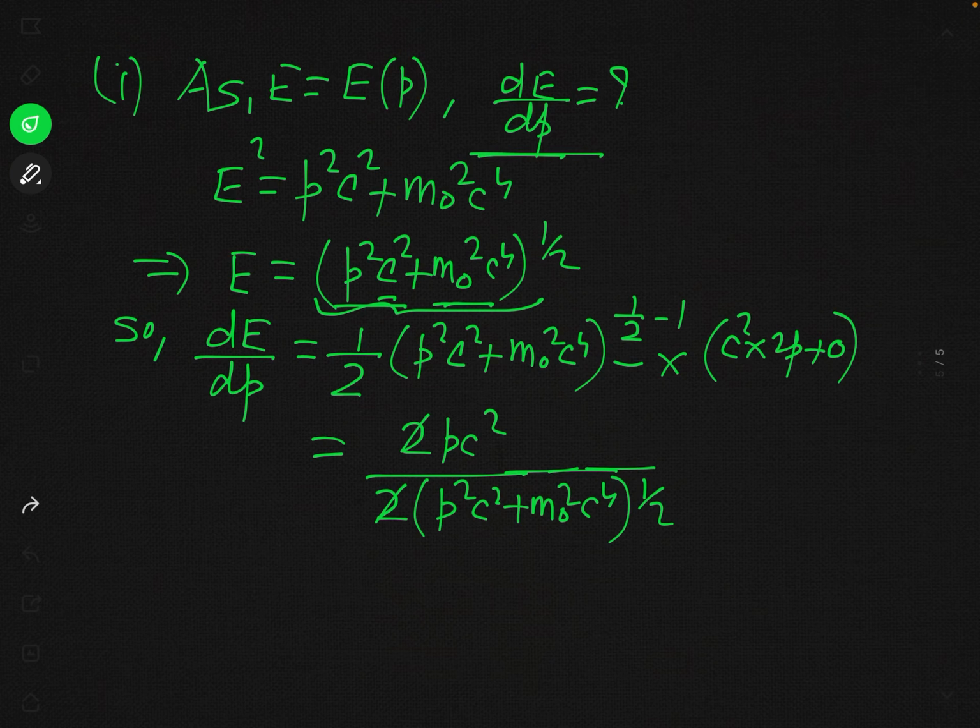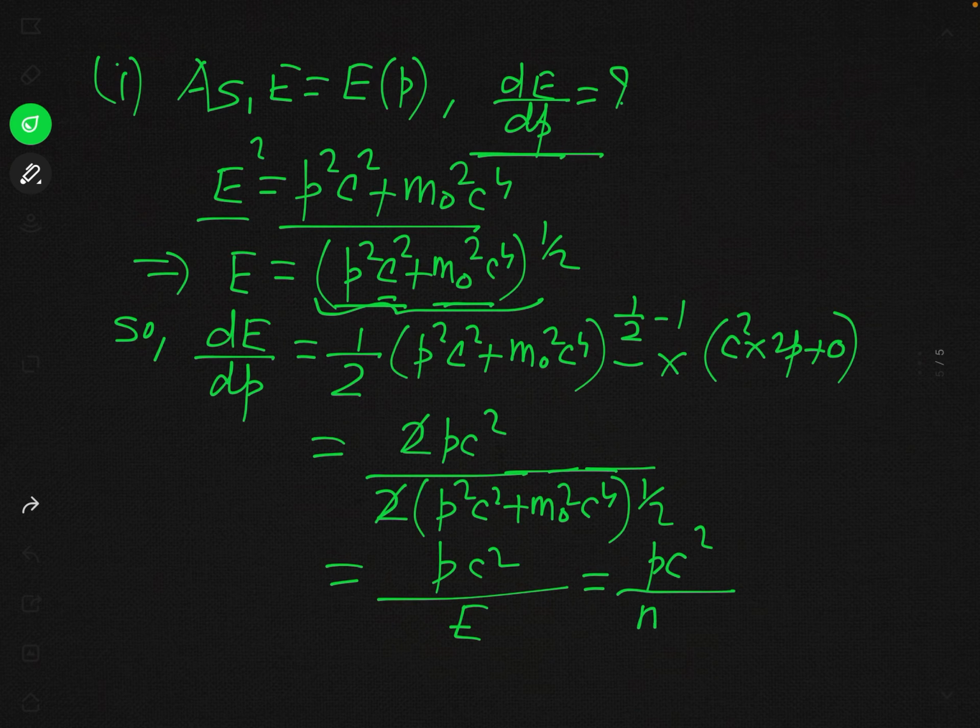So here I have written P square C square plus m naught square C4 whole to the power half. Now you can see this 2 will cancel out, and now this is pc square divided by this much, and the square root of P square C square plus m naught square C4 is what? Actually this is equal to E. You can see here E square is equal to this much, so E will be a square root of this much. So this is E.